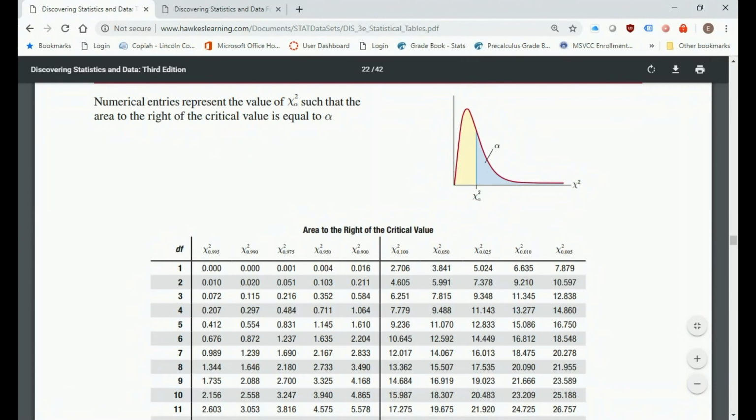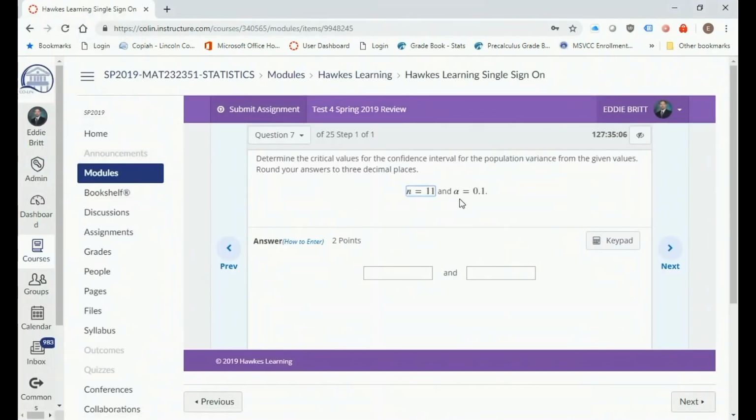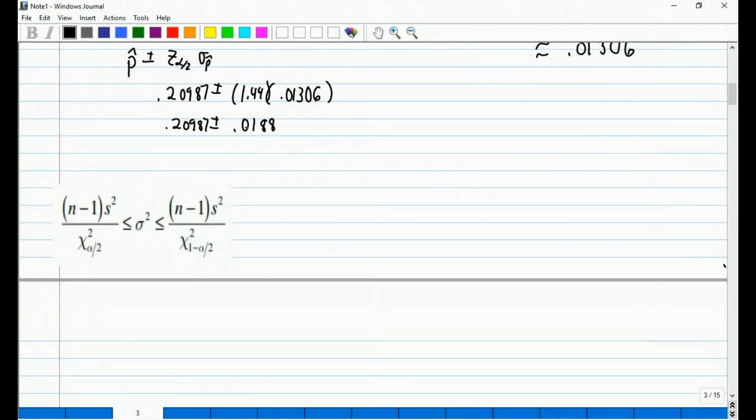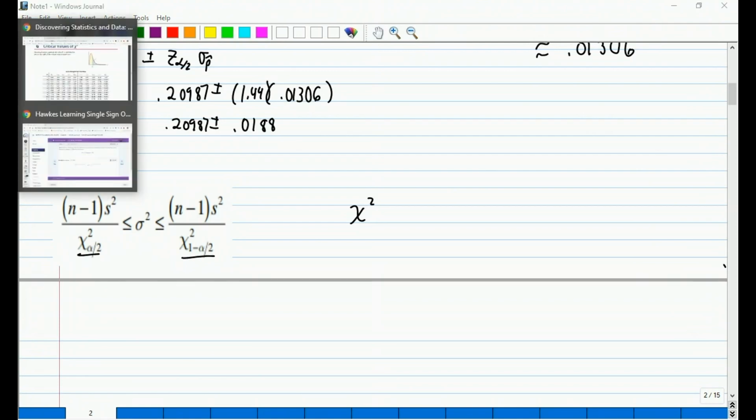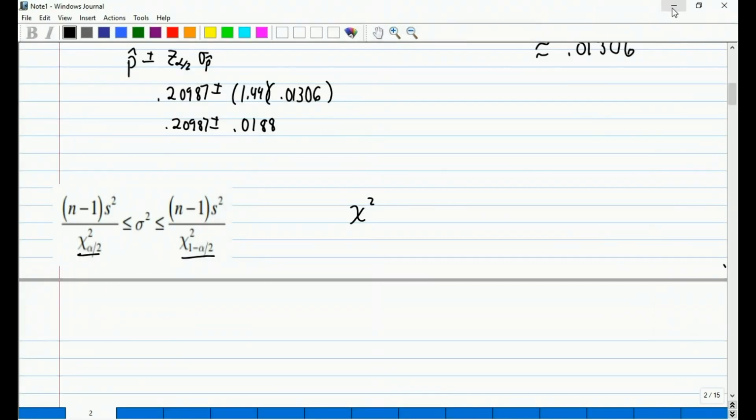So let me look at it. We have n equals 11, alpha equals 0.1. If you remember that formula, this is the part we're looking for. We're looking for that and that. So that chi-square value, let me double check that. My n is 11, so degrees of freedom is 10, and alpha is 0.1.